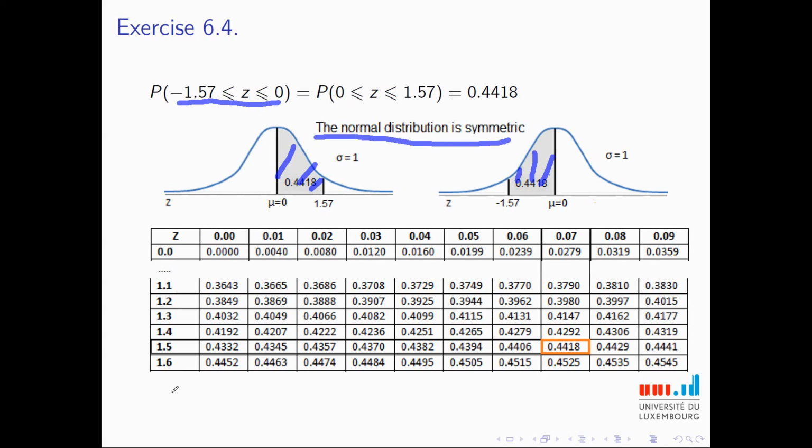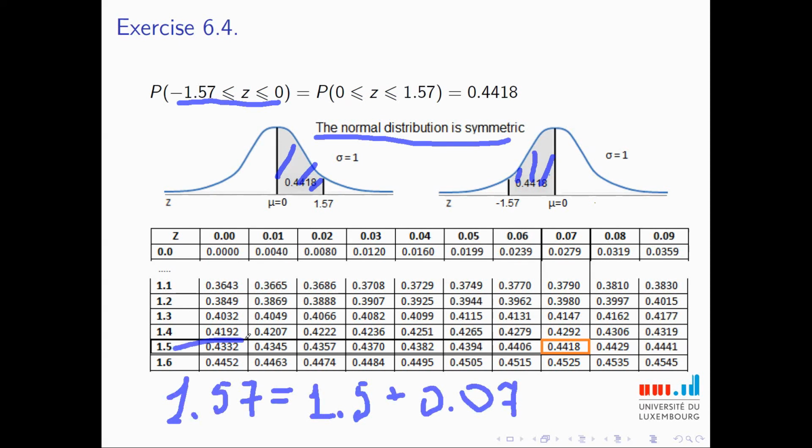And again, you have to decompose your quantile, your upper limit, into two parts: the integer plus tenths, which is 1.5, plus hundredths, which is 0.07.